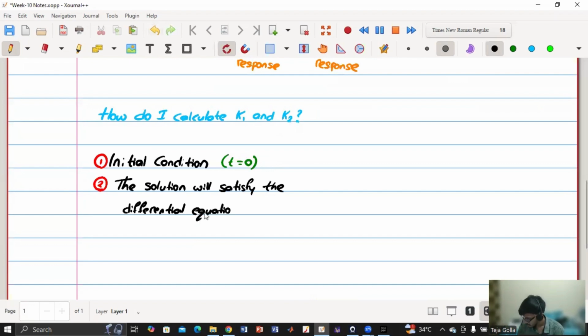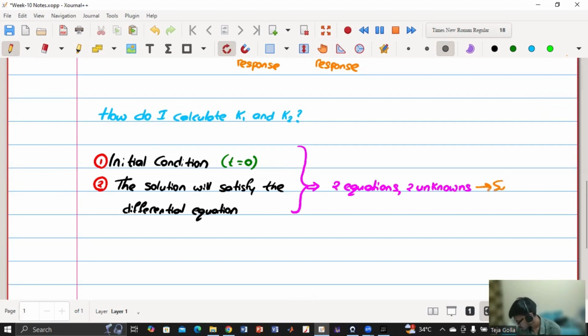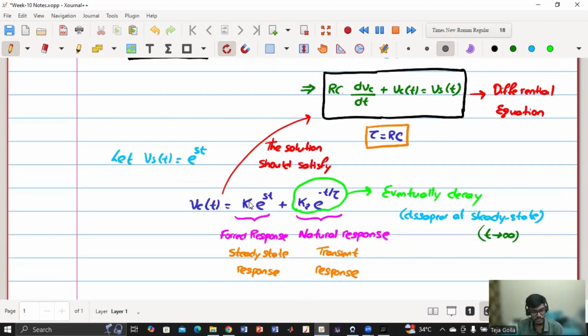Okay. So now using these two equations, we have two equations, two unknowns, which means we can solve for K1 and K2. So here also we have generalized the solution. Say if the input is e to the power st, the forced response will be a scaling factor of the input.